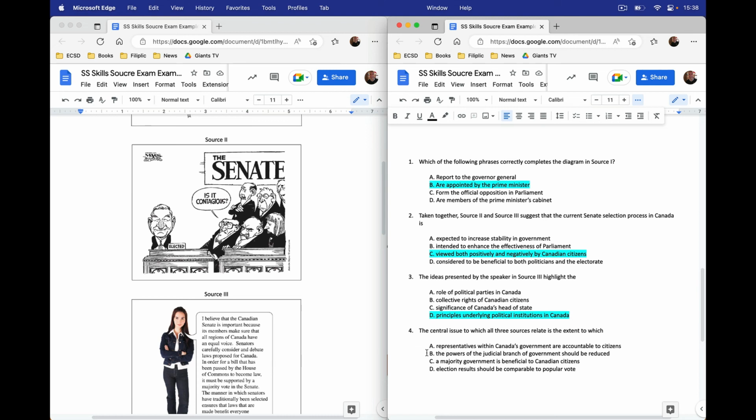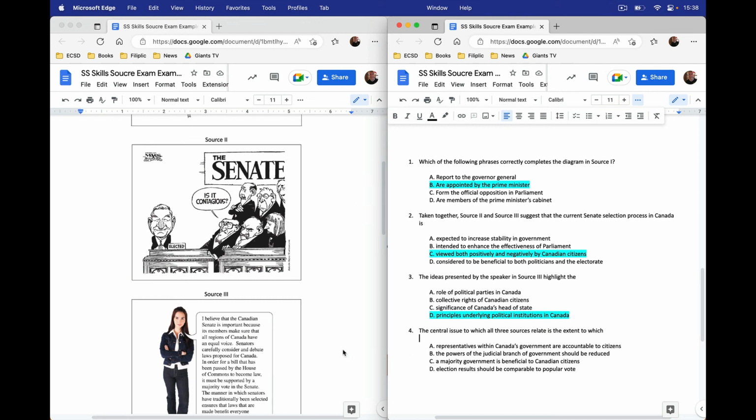B, the powers of the judicial branch of government should be reduced. Nothing in these sources mentions the judicial branch. C, a majority government is beneficial to Canadian citizens. It is not talking about anything related to majority governments in the House of Commons, so it's definitely not going to be C. Or is it D, election results should be comparable to popular vote?